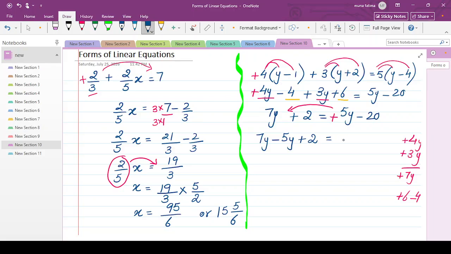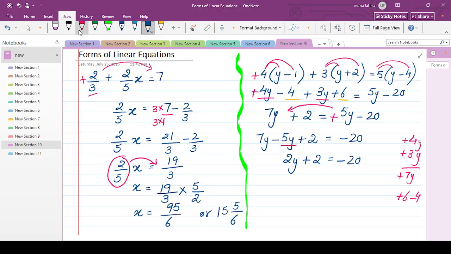And what we have left on the other side is minus 20, so we write it down. 7y minus 5y gives you 2y. Remember, this is the term we switched, and this is equal to the plus 2 and the minus 20.